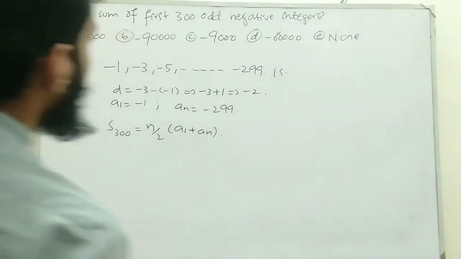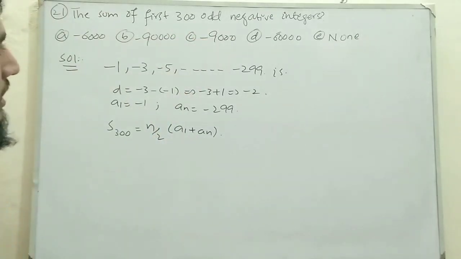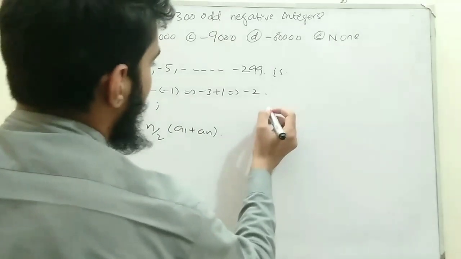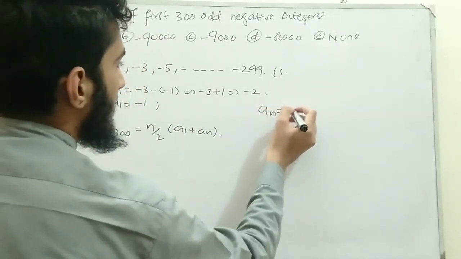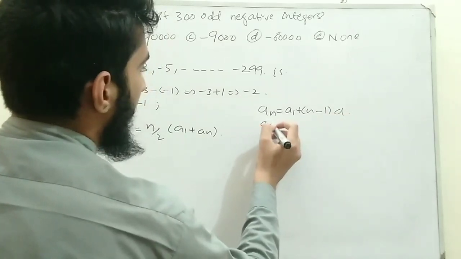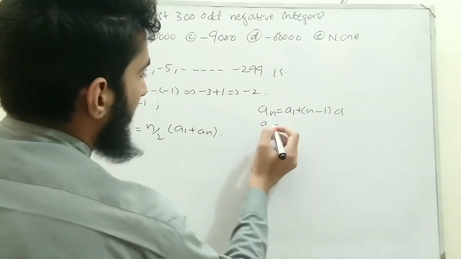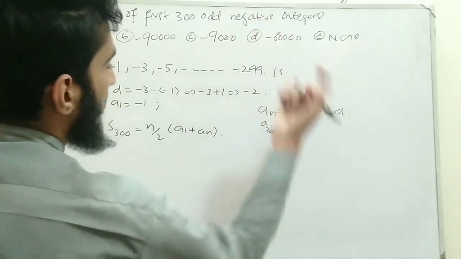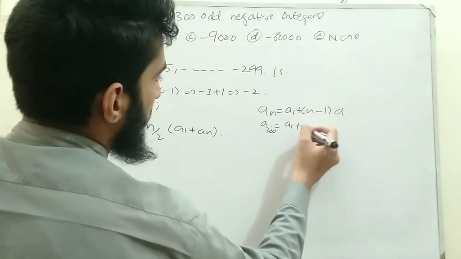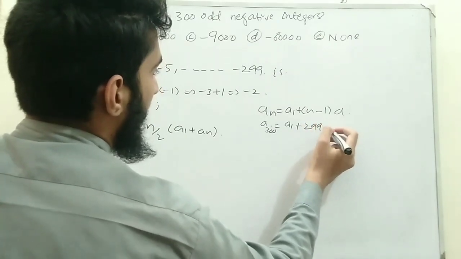Here we do not yet know the last number, so we find it by the formula an is equal to a1 plus (n minus 1) times d. Putting n as 300, a300 will be equal to a1 plus (300 minus 1), which gives 299, times d.